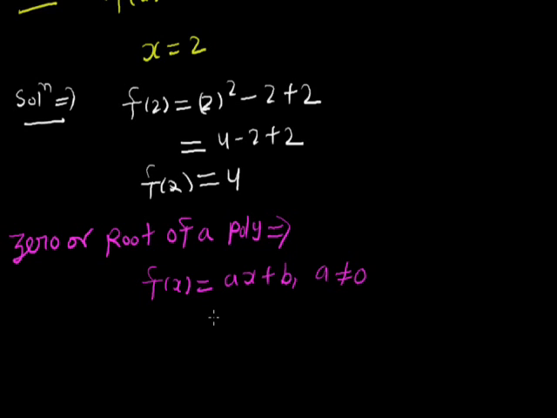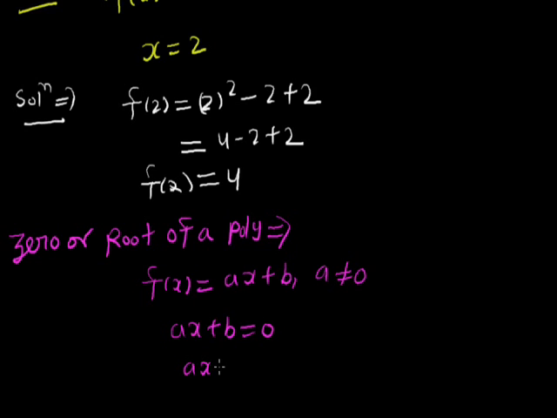Now I have to find the zero or root of this polynomial. How can I find this? We have to find the value of x at which the value of this expression becomes 0. So I put ax plus b is equal to 0.